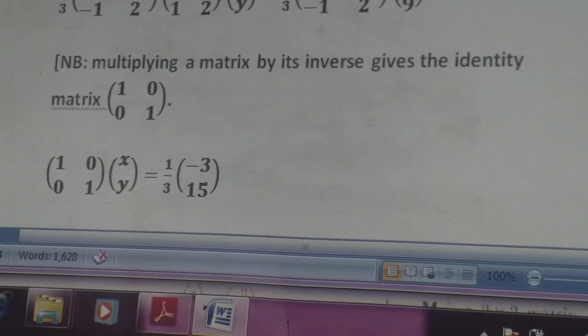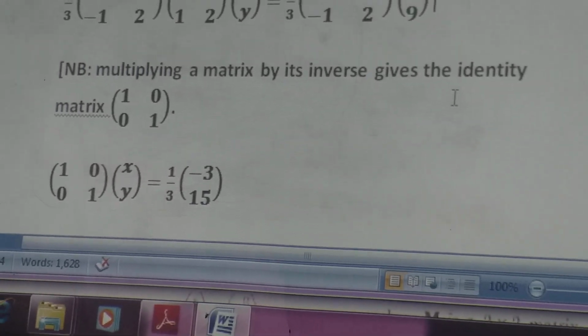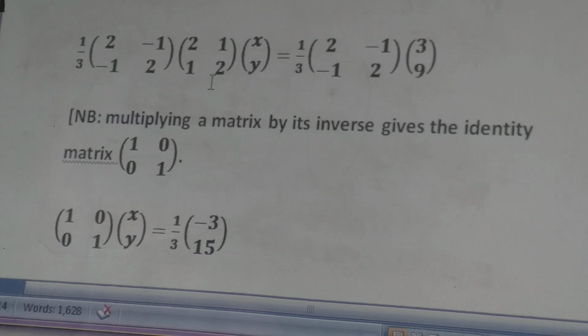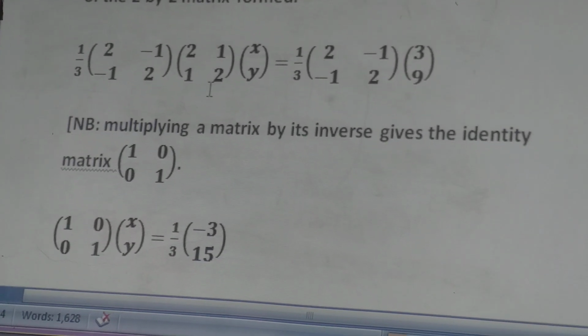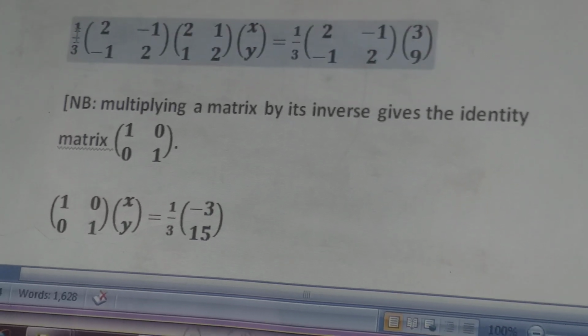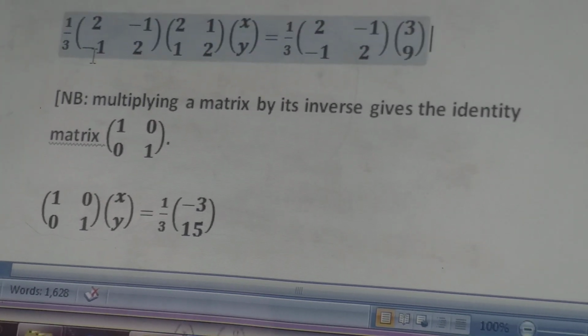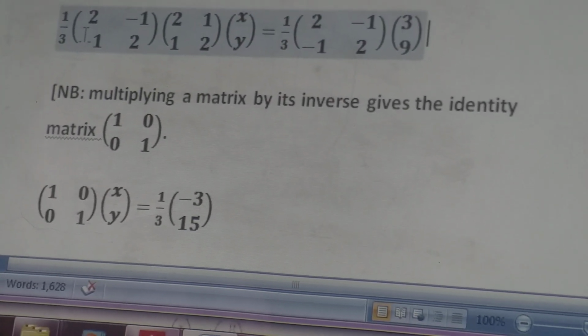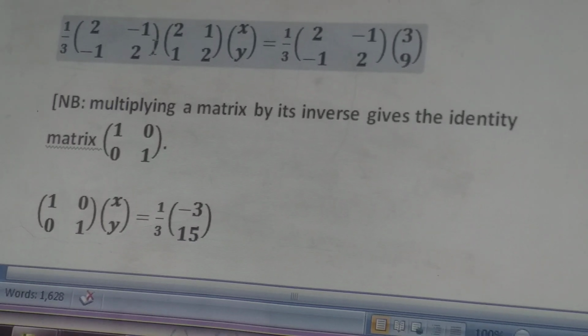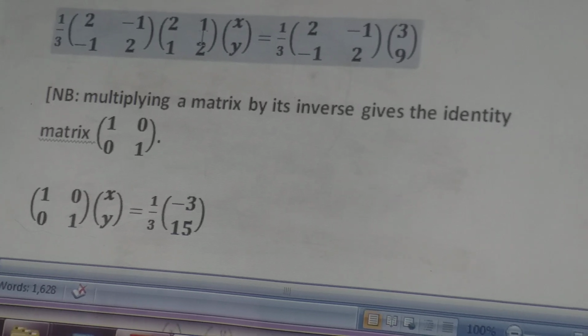NB: multiplying a matrix by its inverse gives the identity matrix 1, 0, 0, 1. So, if you know that, you have no reason to do the real multiplication. You know that this one times this will give the identity matrix because this one is the inverse of that.